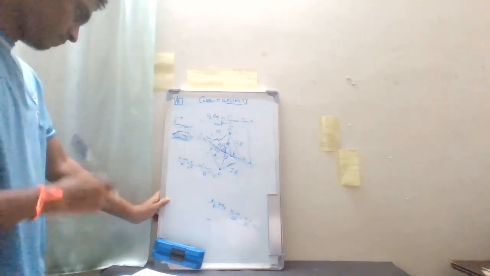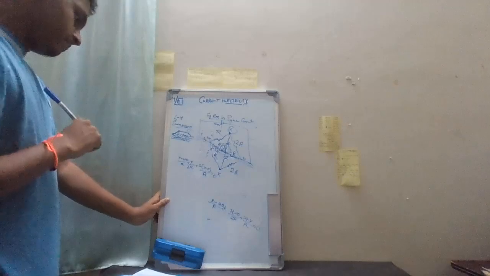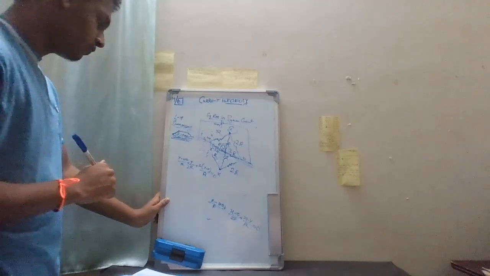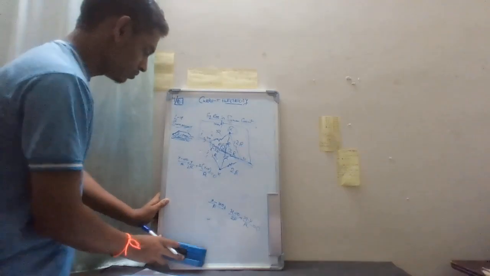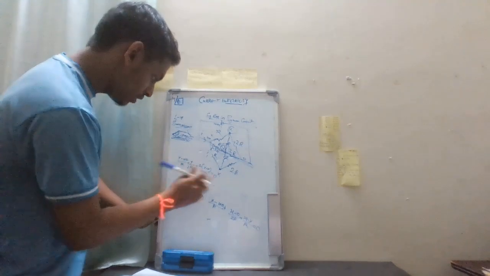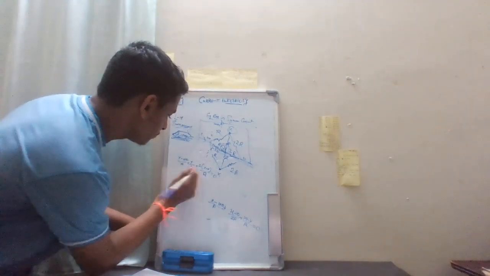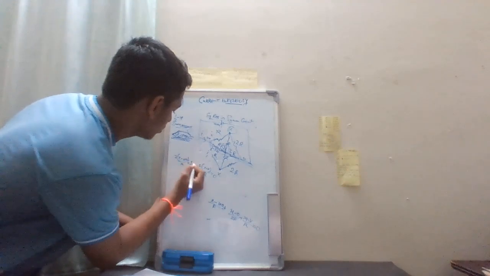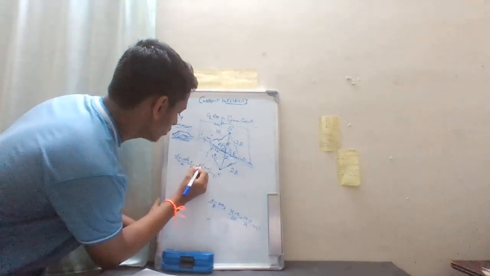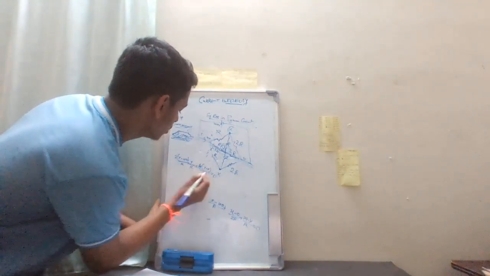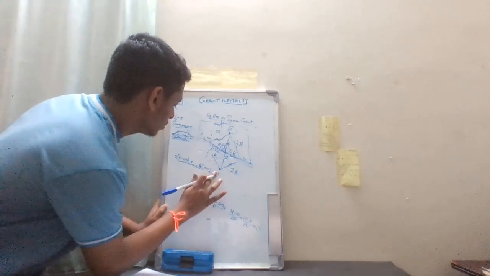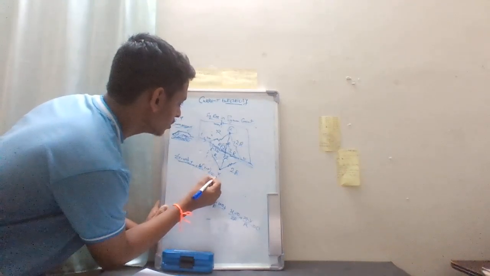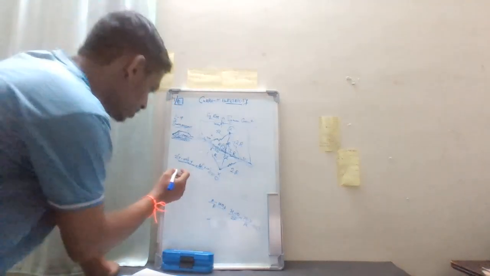Now, we need to solve for X and Y, so let's eliminate R first. If we multiply by R, that resistance also becomes 0.